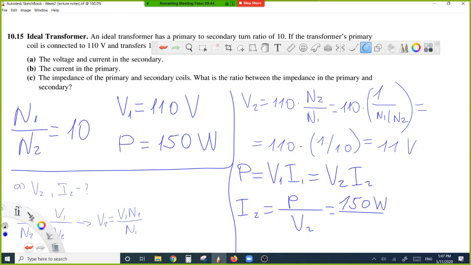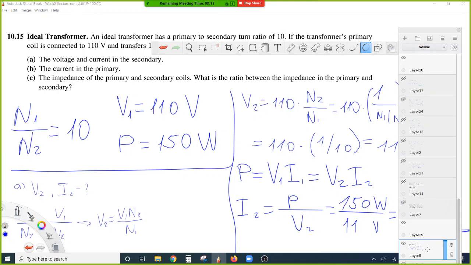V2 we found as 11 volts. 150 divided by 11 is equal to 13.6 amperes. Okay, we found the current in the secondary circuit.